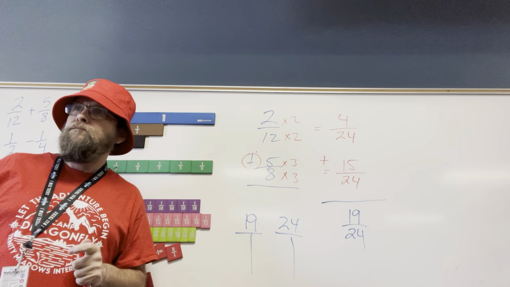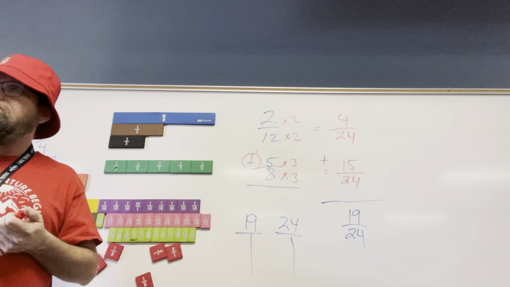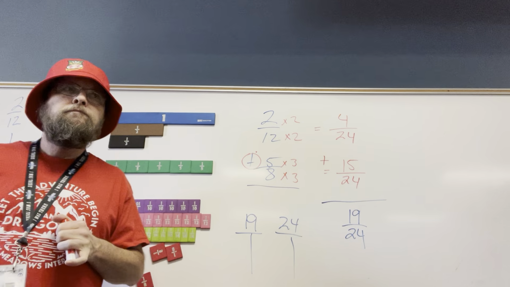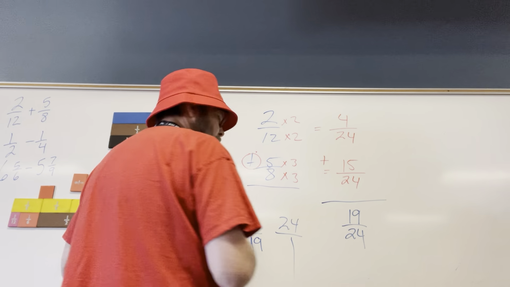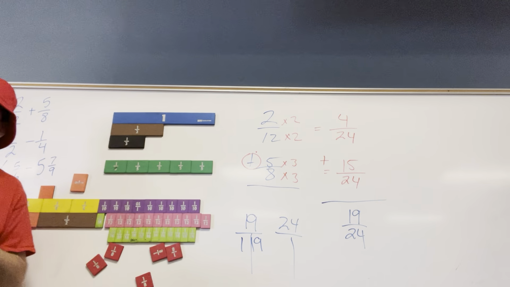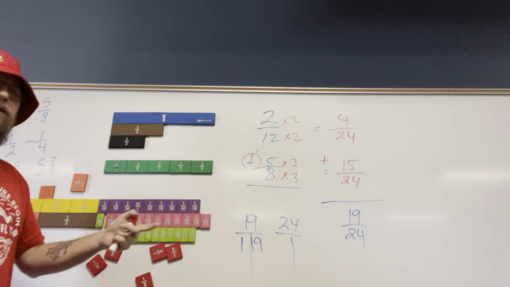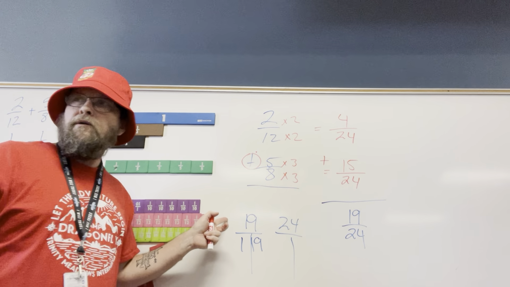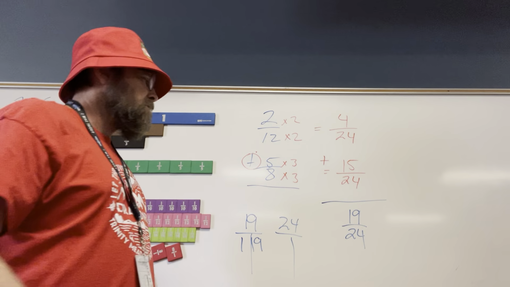Nothing? What about 1 times 19? So there are no others that multiply together to equal 19, so that makes 19 what kind of number? Prime number. Good.